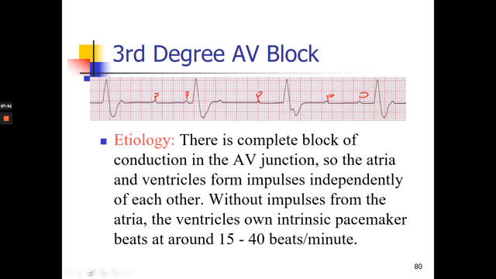Etiology: there is complete block of conduction in the AV conjunction, so atria and ventricles fire impulses independently of each other, without impulses from the atria. The ventricle's own intrinsic pacemaker, the Purkinje fibers, beats between 15 to 40. Purkinje, okay.